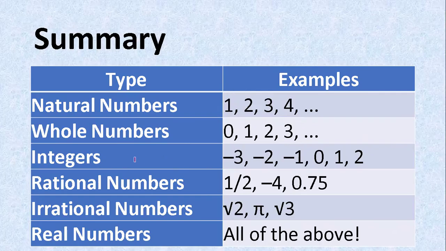Integers are denoted by symbol I or Z. These are negative and positive numbers including 0. Rational numbers are in the form of p by q. Irrational numbers are not in the form of p by q. For example, root 2, root 3, pi, e and so on. Real numbers are the union of rational and irrational numbers.